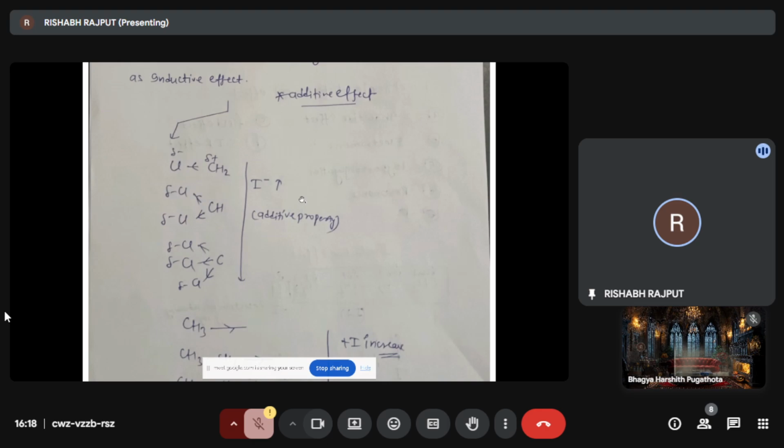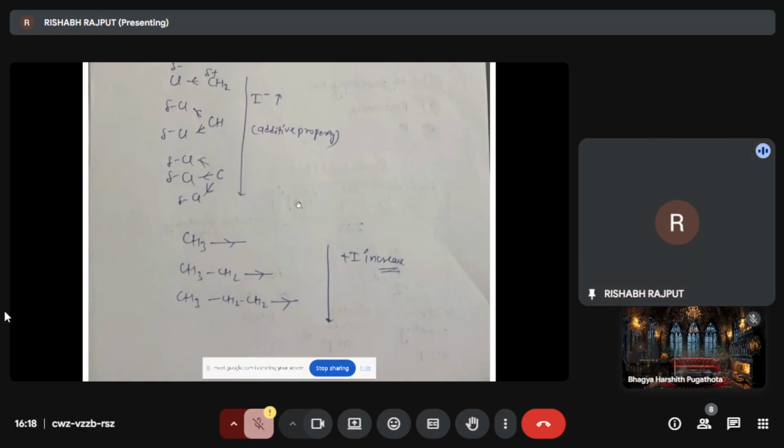Guys, please remember one thing. Carbon has three types of hybridization: sp, sp2, and sp3. The order of minus I effect is that sp has the most minus I effect, sp2 is less, and sp3 is very less.